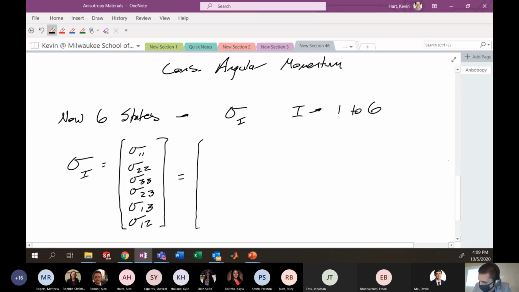Or what we're labeling generally as sigma 1, sigma 2, sigma 3, sigma 4, sigma 5, and sigma 6. All right. This is our contracted additional notation for the stress.